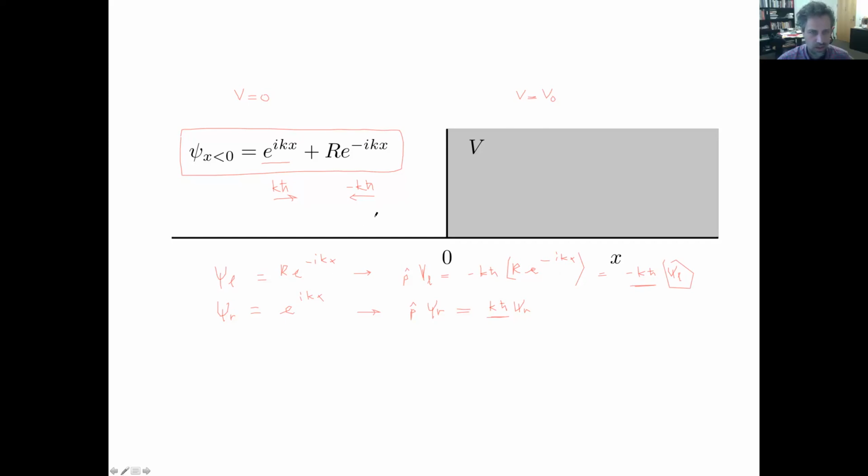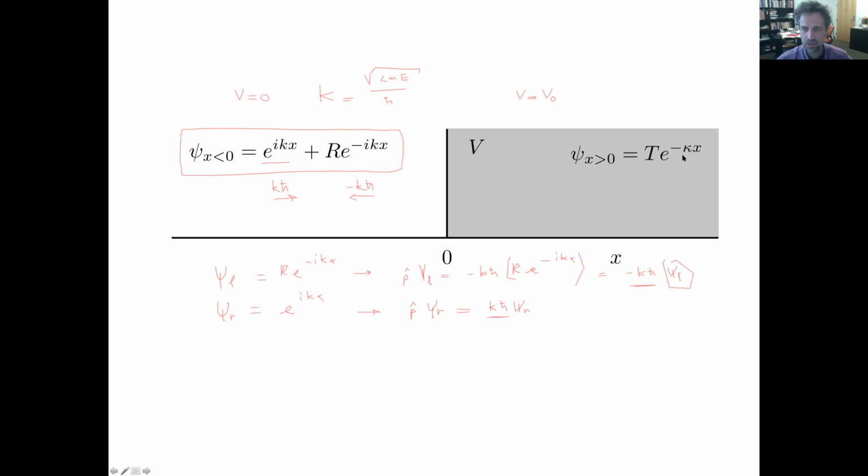Okay, so what can we say about this function here? Well, I would like to remind you that k is defined as follows, exactly the same as before. It's square root of 2m E, where E is the energy of the particle, over h bar. So that is the same expression as before. What about the situation on the right? On the right, we're going to have a wave function that looks a little different.